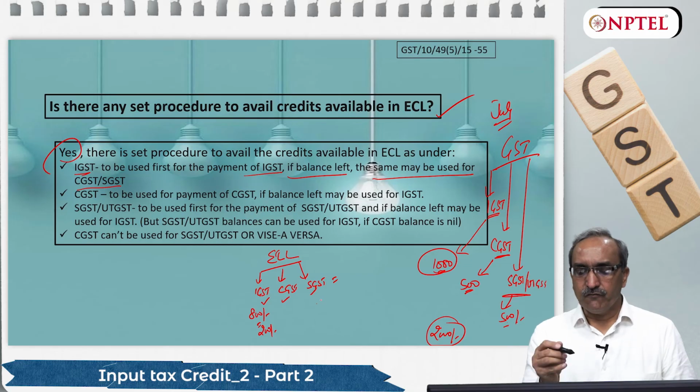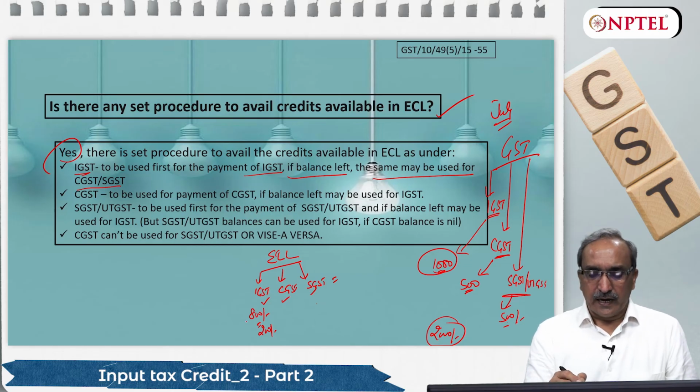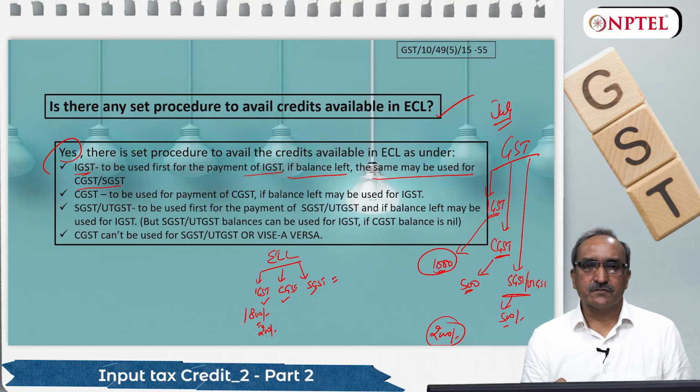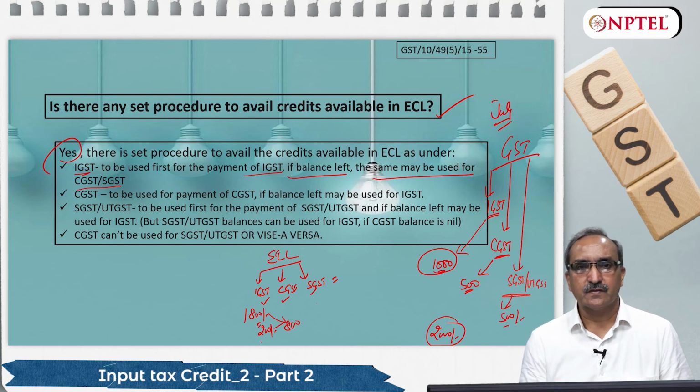But if here I have a balance of 1800 rupees in my electronic credit ledger under the IGST category, and 1000 is my liability, then I have 800 rupees excess after meeting my tax liability of IGST during July.